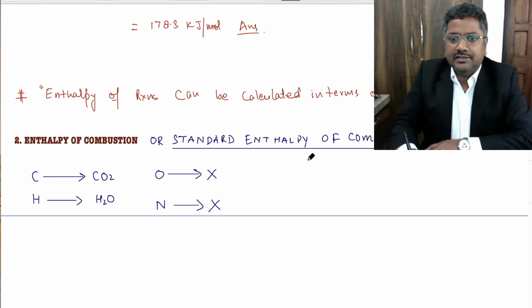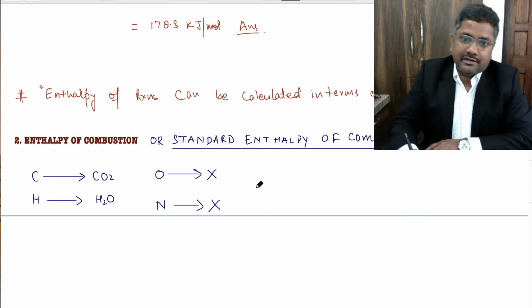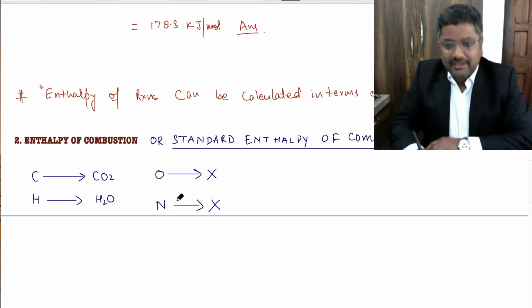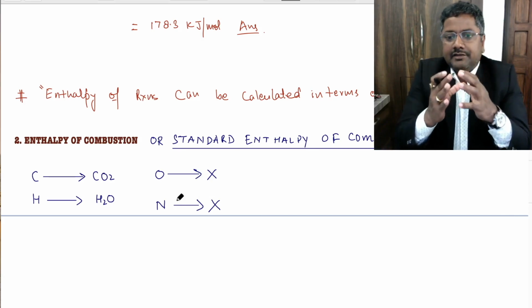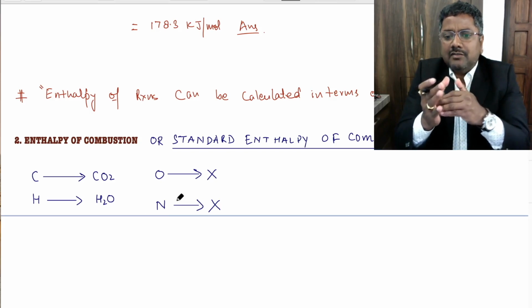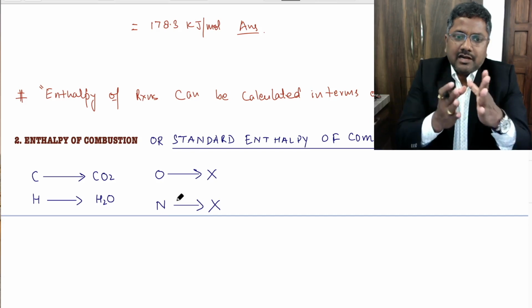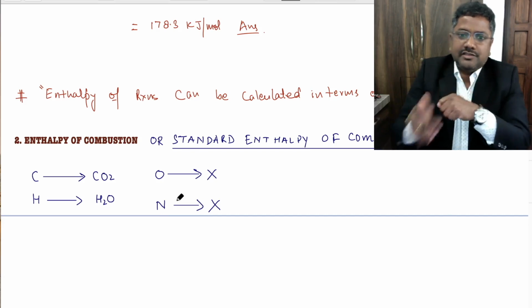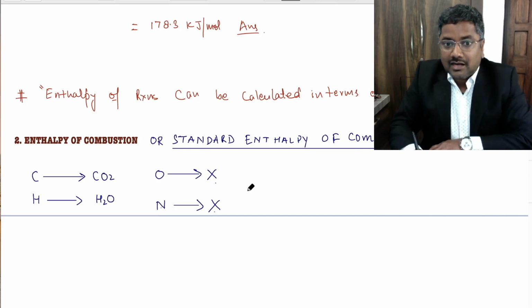Already we have discussed this in stoichiometry, right? So basically this enthalpy of combustion is very much limited to compounds having carbon, hydrogen, and oxygen. But with respect to oxygen there is no product, and with respect to nitrogen there is no product under normal conditions.